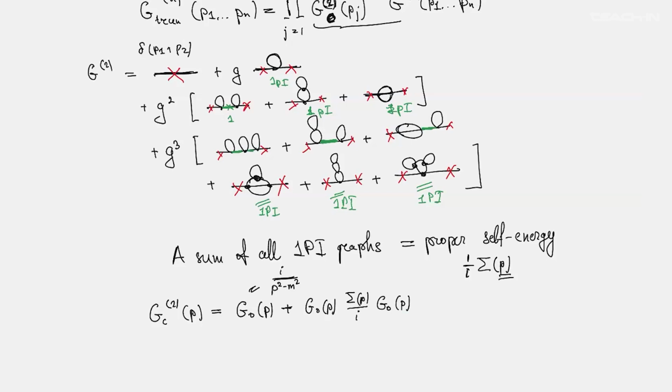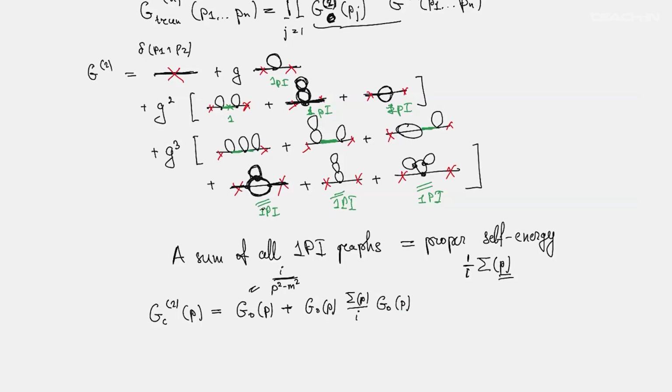You see, this G0 and G0 restore the external free propagators, and then the contribution from one PI would be a contribution to this self-energy. Analogously, with this one PI, I restore these propagators, and then I get a contribution to one PI from these graphs.